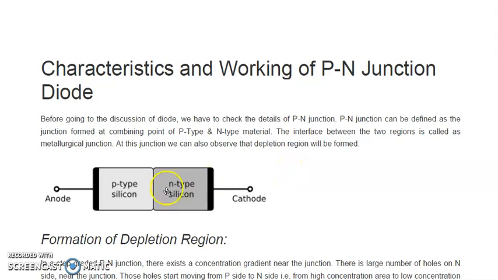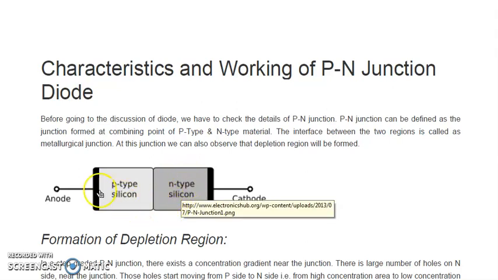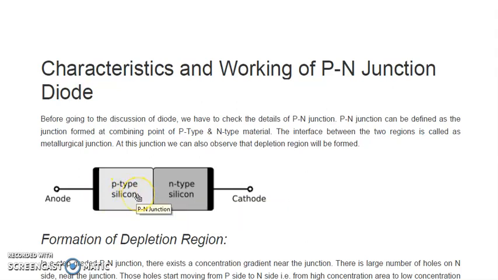Now P-type means having more acceptor atoms, with valency 3, trivalent atoms which can accept electrons. That's why we call it the acceptor doped semiconductor. The N-type semiconductor has a pentavalent dopant, which can give electrons. That's why you have free electrons here, and because the P-type can accept electrons, there is a deficiency of electrons.